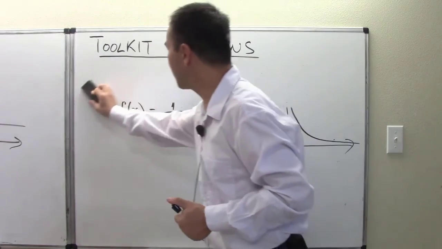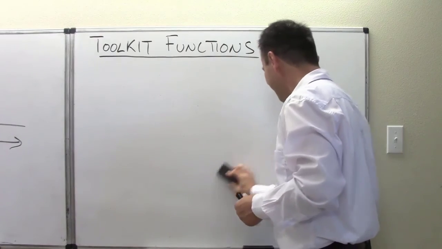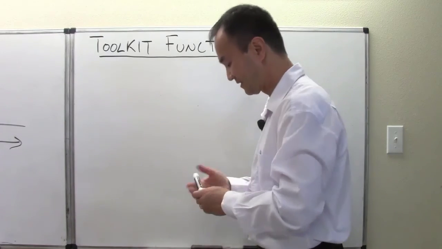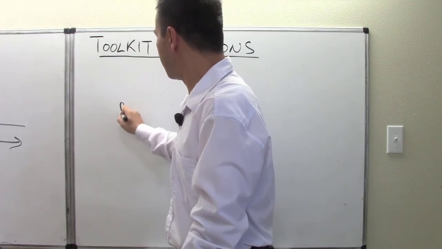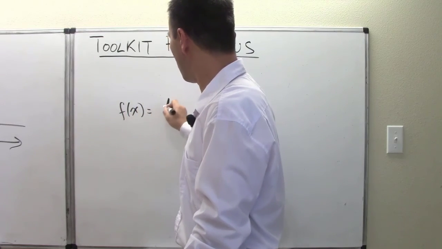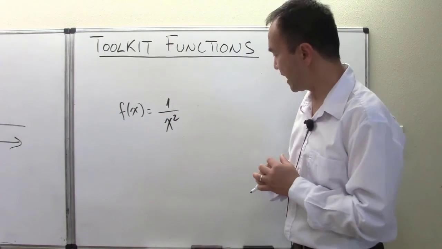And the last one among the toolkit functions that I would like to introduce is the function with the rule f of x equals 1 over x squared. Okay, 1 over x squared function.